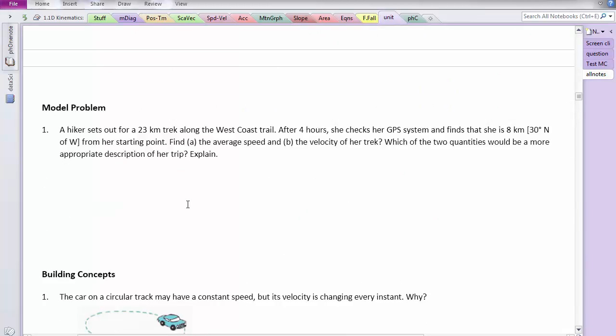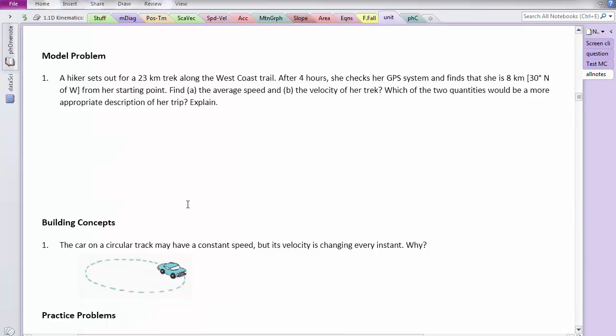So let's quickly look at a model problem. A hiker sets out for a 23-kilometer trek along the West Coast Trail. After 4 hours, she checks her GPS and finds that she is 8 kilometers 30 degrees north of west from her starting point. Let's get a coordinate system here. Sketch something like this.